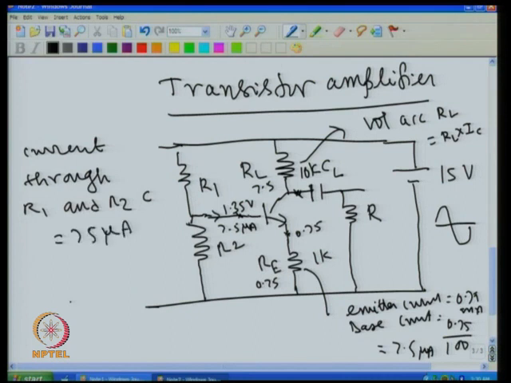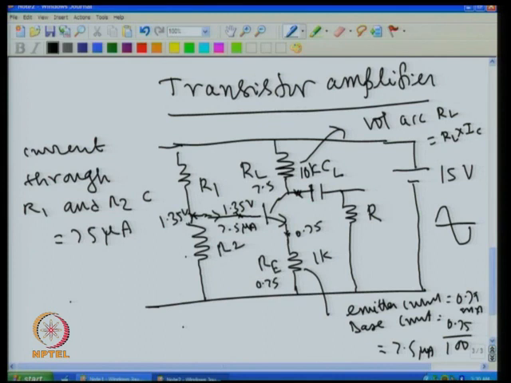That is, I have taken 10 times more than the base current. So I know the current through this, and I know the voltage required at this point is 1.35 volt. Then I can select this resistance, and I can select this resistance as well. So R1 and R2 can be selected that way.